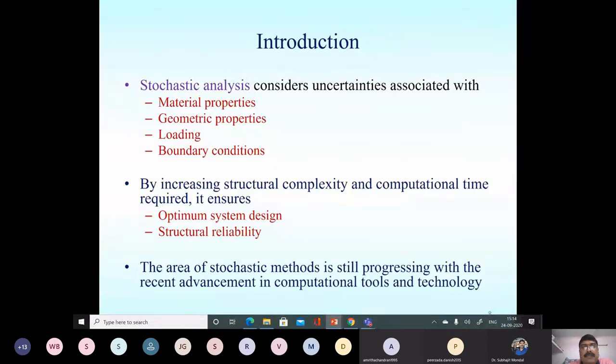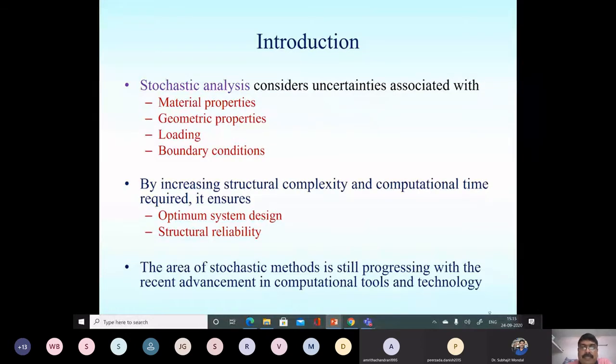In practical cases, within plus or minus 5%, we don't worry much about all those things. Basically we cater to that with the help of the factor of safety and so on.